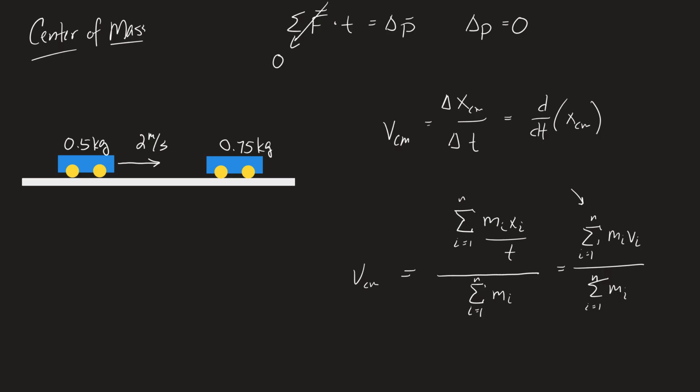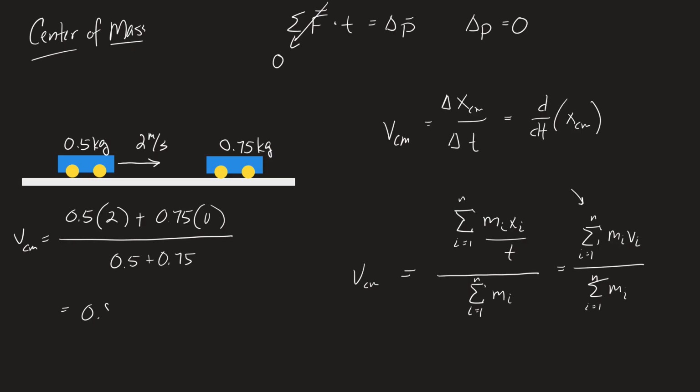So the first object would be 0.5 times 2 plus the second object, which is 0.75 times 0. Sum of mv for each object in the system. And then I would divide by the total mass of the system. This is the velocity of the center of mass, which is 0.8 meters per second.